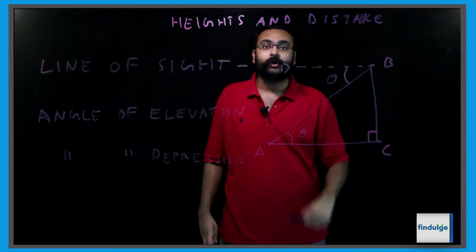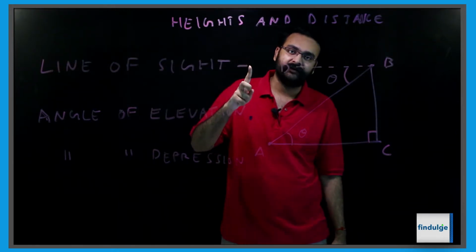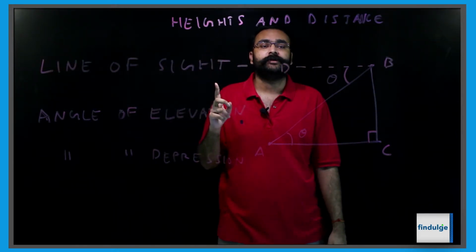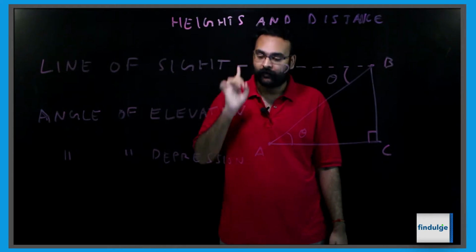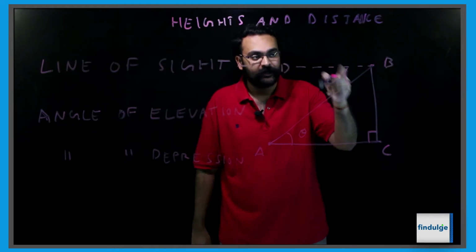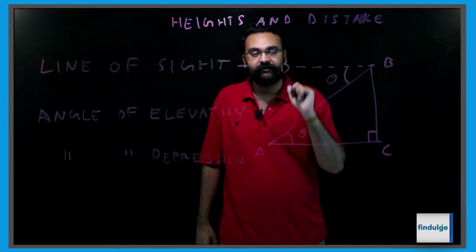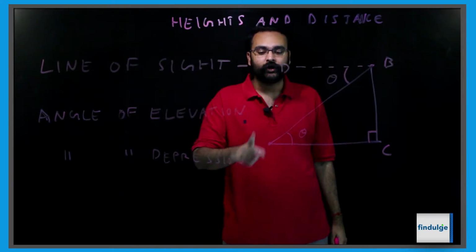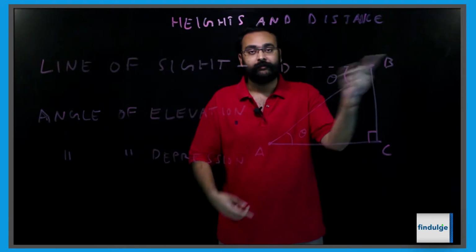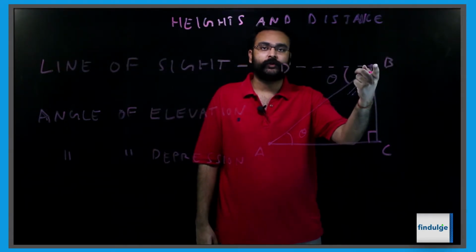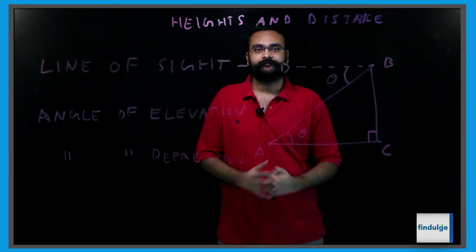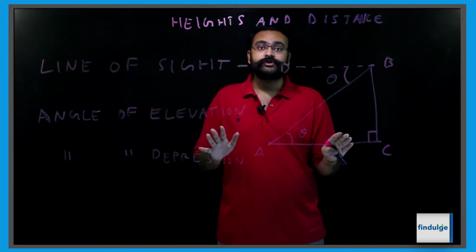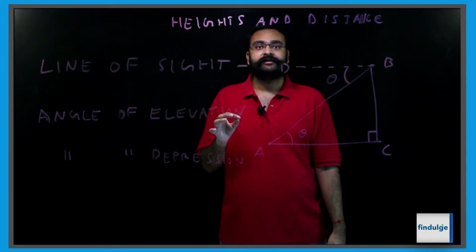That angle is called the angle with the vertical, and we'll see a question in which we will apply that. But when angle of depression is mentioned, it means this angle; angle of elevation, this angle; and line of sight, the line between your observation point, which can be either of them, and the point you're observing, which is obviously the other one. So with this knowledge, let's look at some simple questions.